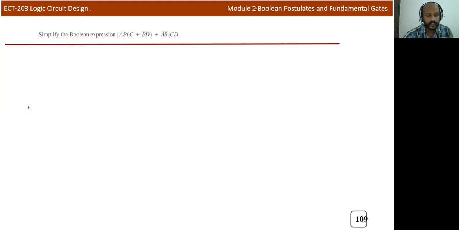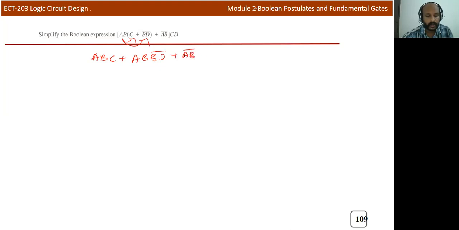If you perform this particular operation, first I can multiply with distributive law. For the reference, I'll write it: ABC plus, if you perform like this, then AB into B bar D bar, okay, plus AB the whole bar.